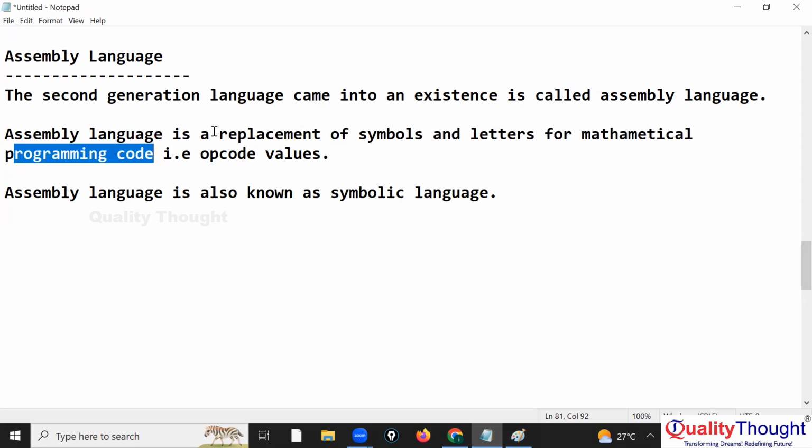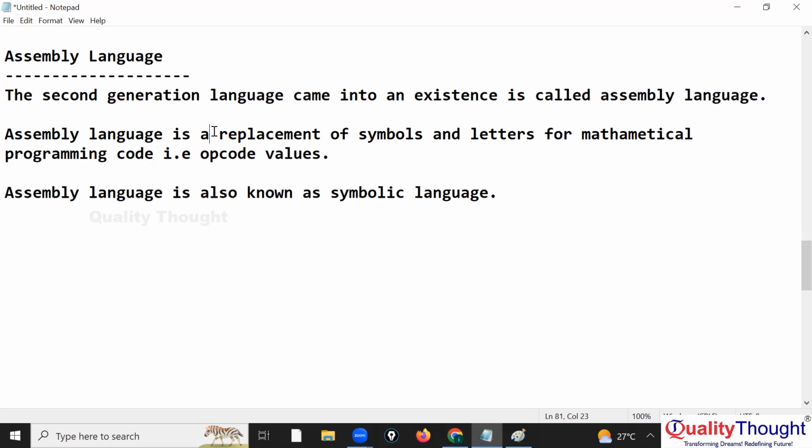So that is the reason machine language is known as binary language. Assembly language is known as symbolic language. And I told one point. Assume that you have one computer. Yes, I have computer. So computer will understand which language directly? Machine language. So remember, your computer understand which language directly?